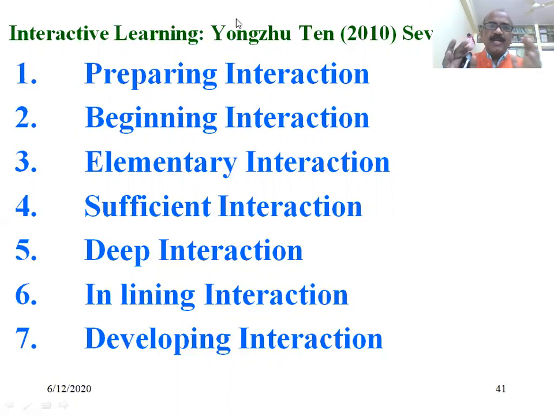In this interactive teaching and interactive learning, there are 7 steps. Preparation of interaction, bringing interaction at a proper place, then beginning of the interaction, then the first stage, the elementary stage of the interaction, then establishing sufficient interaction, a good amount of interaction, full interaction, then deep interaction, fully involved students in the activities.